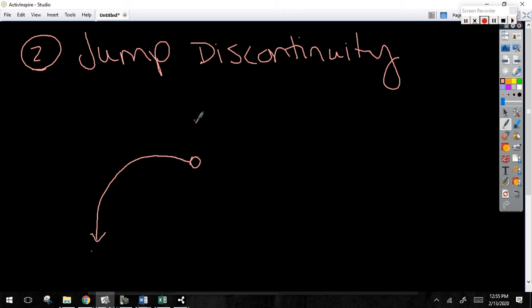Starts this graph and then it stops and it picks back up here and it continues the graph on. That's a jump discontinuity. And it looks exactly the way it sounds to me. It looks like the graph starts, it stops, it jumps up here, and then it continues. Jump discontinuity. Anybody confused? Everybody good?